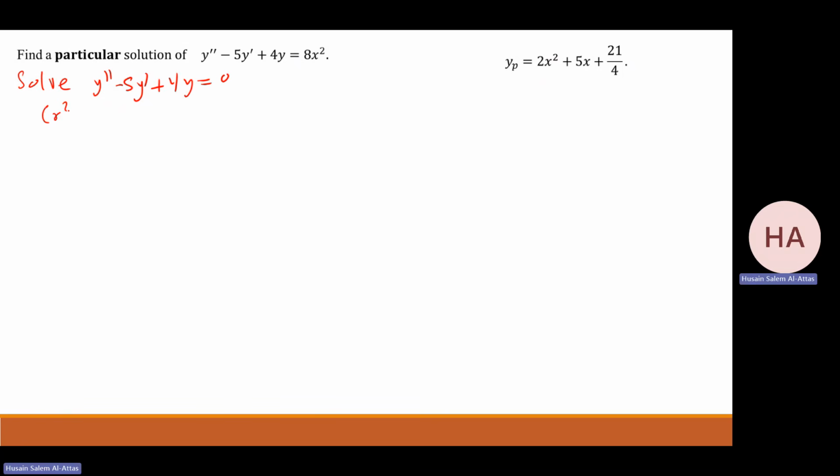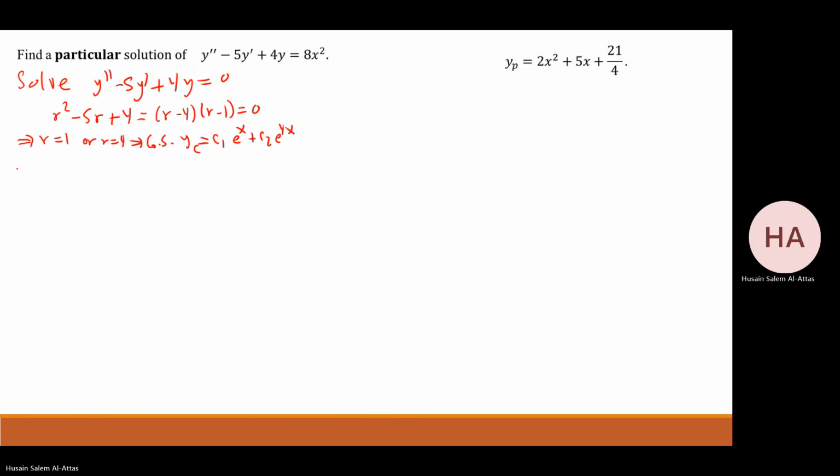I have r squared minus 5r plus 4, and that will be r minus 4, r minus 1 equals 0. Correct? So I have r equal 1 or r equal 4. So I have the general solution for the homogeneous: C1 e to the power x plus C2 e to the power 4x. By the way, it's the same equation, same left-hand side.